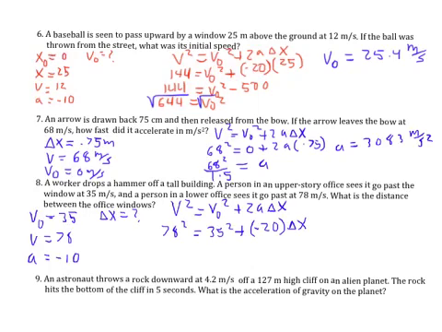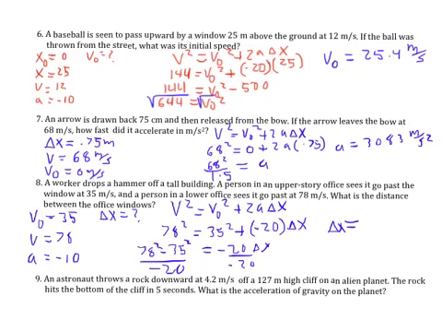Now I'm just going to leave it in this format. What I got here is 78 squared minus 35 squared equals negative 20 delta x. So I'm going to divide both sides by negative 20, and it gives me delta x.